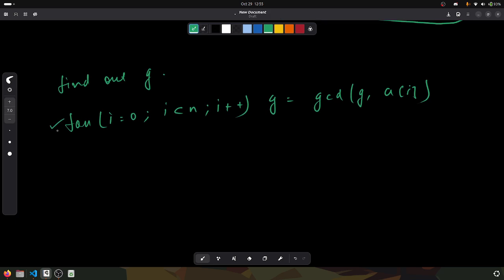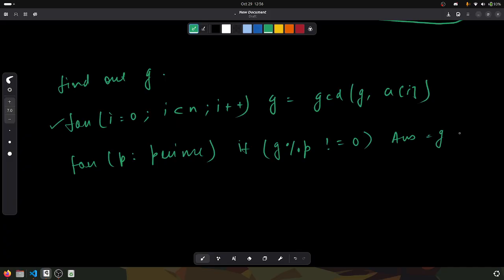So this is it. And then what we can do is, for P in prime numbers, if G percentage P is not equal to 0, then answer equal to P and break.